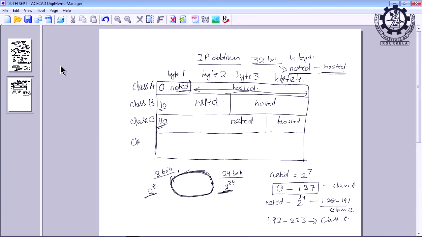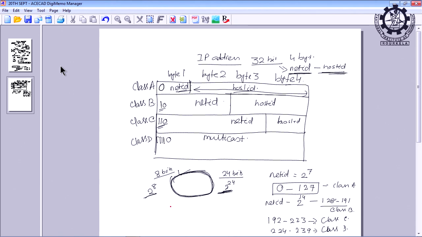Another is class D, which we say as the multicast addressing. This is basically for multicast, and here 3 ones followed by a 0, that is for your multicast addressing. And this usually starts with 224 to 239. This is class D. So, you have the addressing numbers of the IP address for any host or any packet.